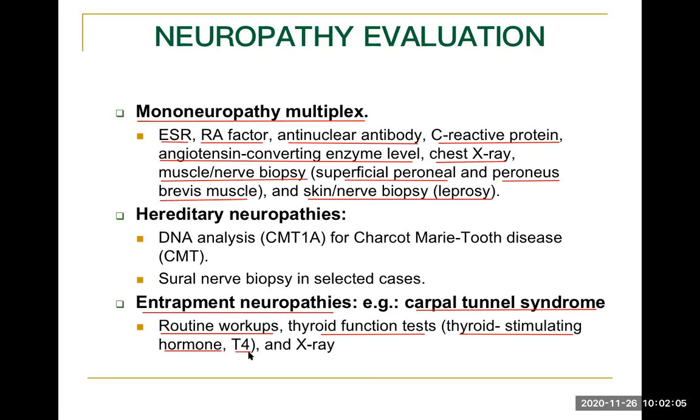T4 is decreased and TSH is increased if it is primary hypothyroidism. Very good. We have discussed that before, but don't worry, when we enter endocrinology, one of the big topics is thyroid gland disorders. We'll again highlight it there. An X-ray of that particular area, the wrist, should be done all the time.